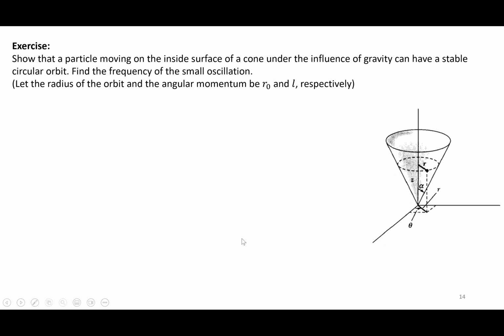So then the next exercise problem is quite different from all the other central force problems that we have considered so far. Okay, because what we have so far is really the force is pointing to one point, right?